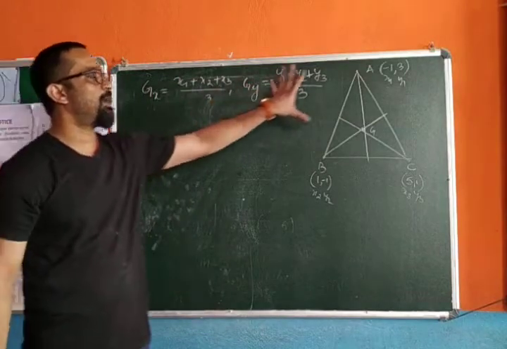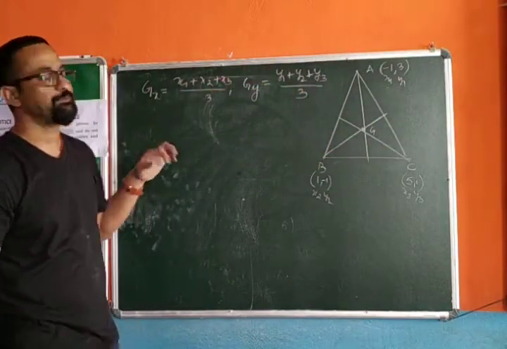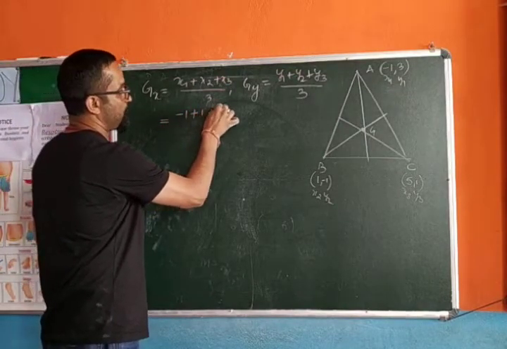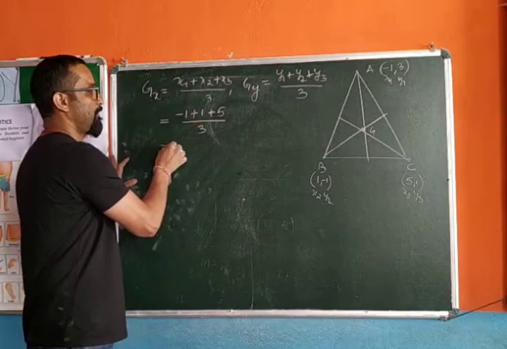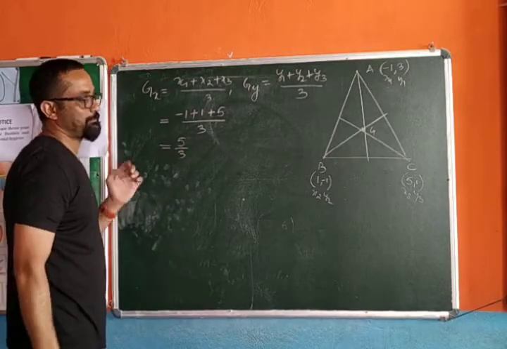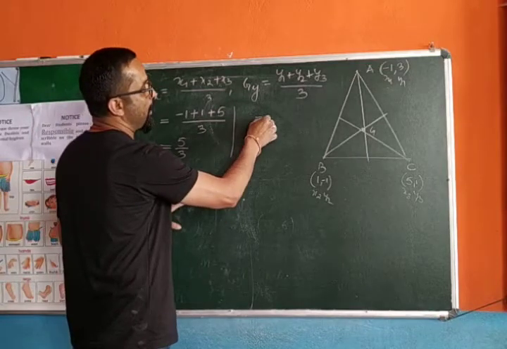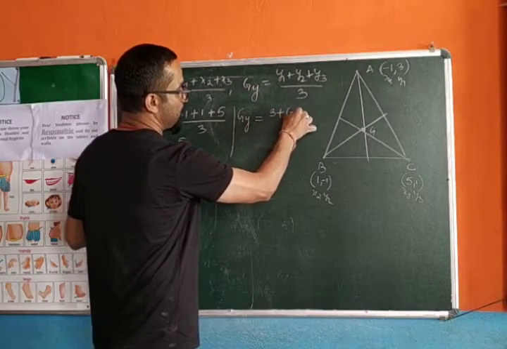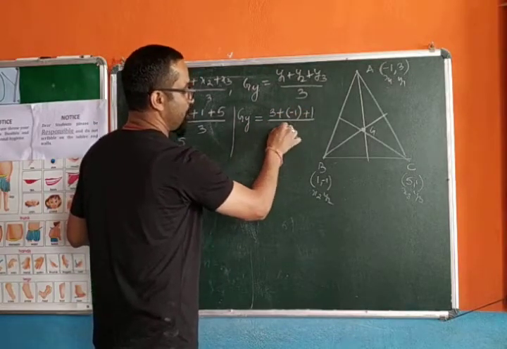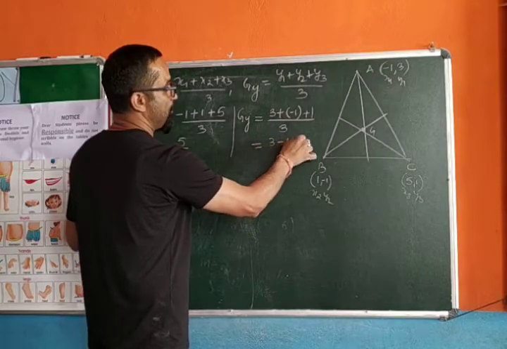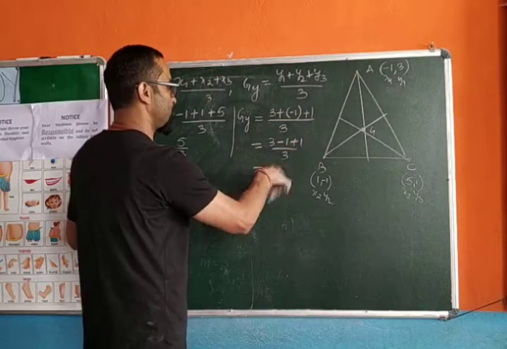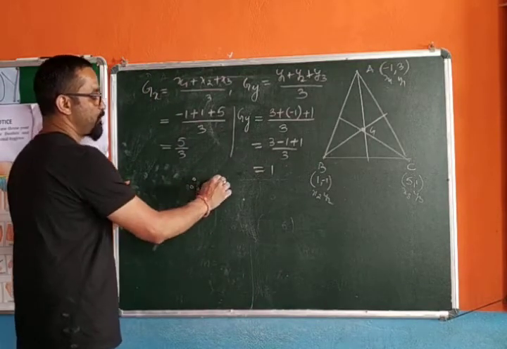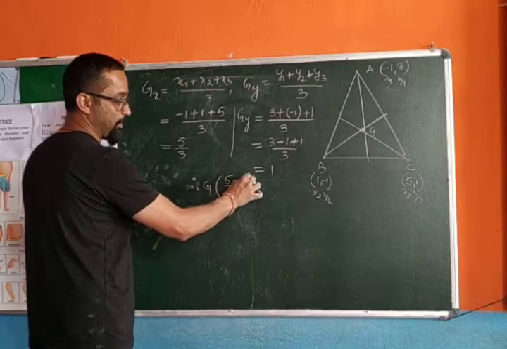After writing the formula, use these values. Gx is (-1 + 1 + 5) divided by 3, which simplifies to 5 by 3. Similarly, Gy is (3 - 1 + 1) divided by 3, which equals 1. Therefore, the coordinate of the centroid is (5/3, 1).